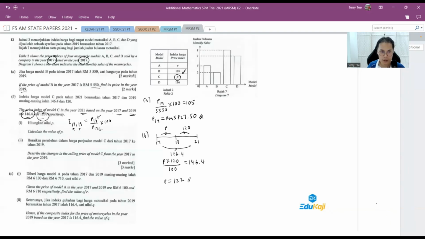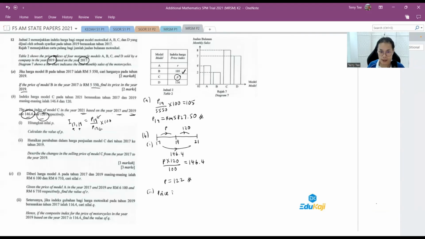Now they ask us to find the value P and describe the changes in the selling price for model C from 2017 to 2019. So basically, when you have an index of 122, it simply means the price increased.